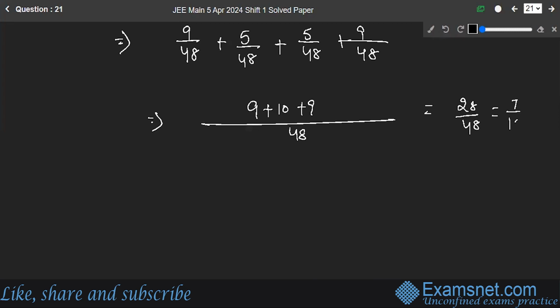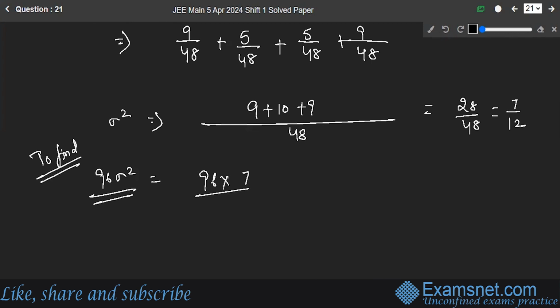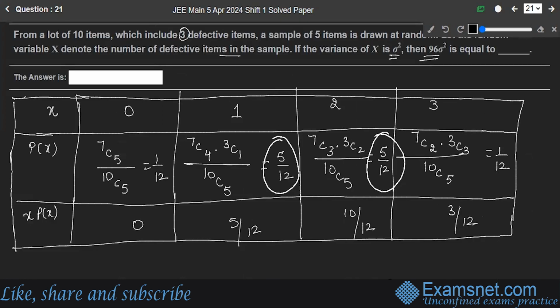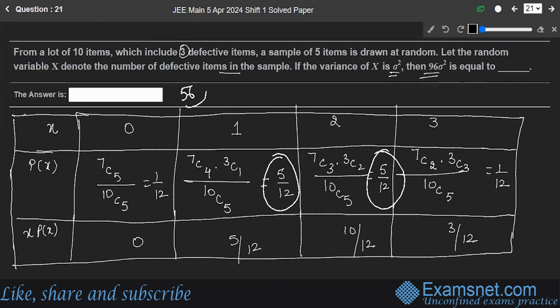But this will give me 7 by 12, right? That was equal to your variance. You have to find out 96 into variance, that is equal to 56, right? So you have 56 as the right answer to this question. Hope you understood this. Let's move to the next question.